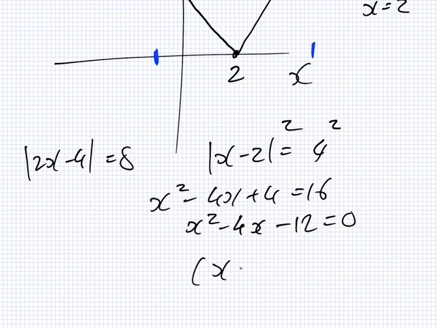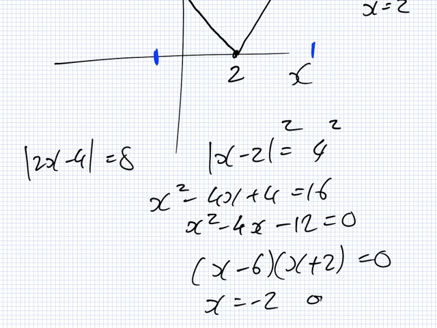So that's x, 6 and 2. (x minus 6)(x plus 2) equals 0, so x equals minus 2 or 6. For my very rough graph, I said something like minus 1 and 5. I was only off by 1 unit, so I'm confident that these are the right answers then.